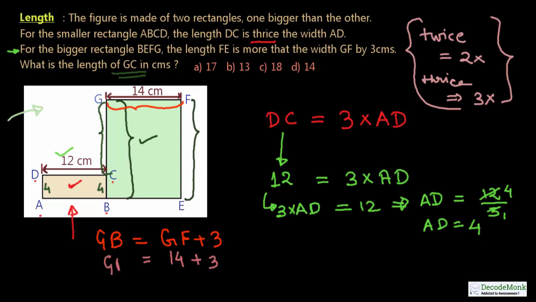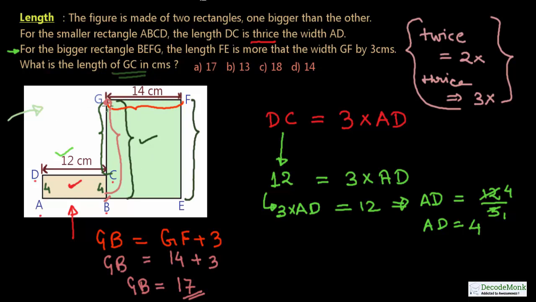So GB is equal to 14 plus 3, that is 17 centimeters. How come? Because this particular length GB is more than GF by 3 centimeters.